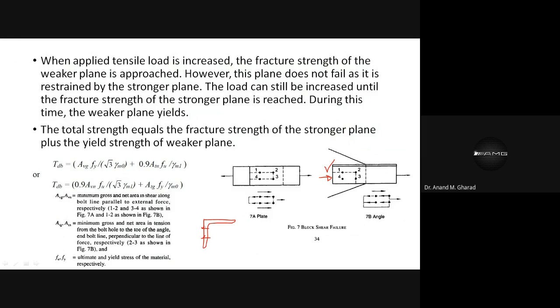Now see what happens over here. What does it state, what is ATN? ATN is nothing but the net area in tension from the bolt hole to the toe of the angle. Okay, what is the toe of an angle?